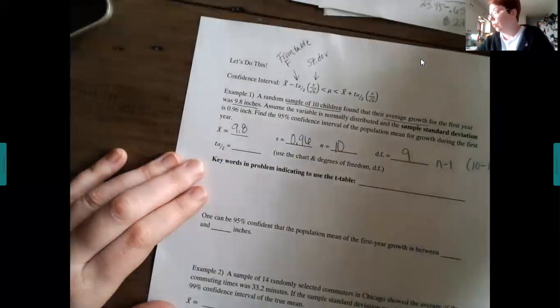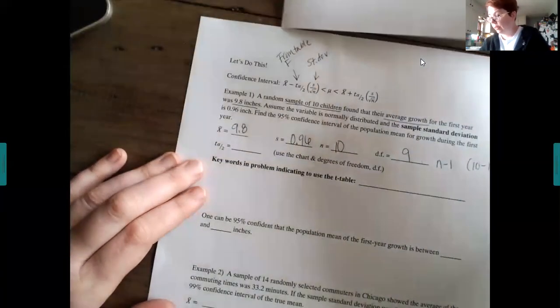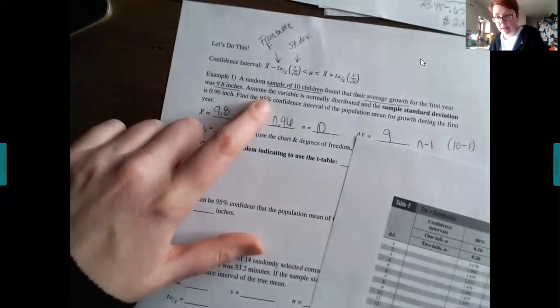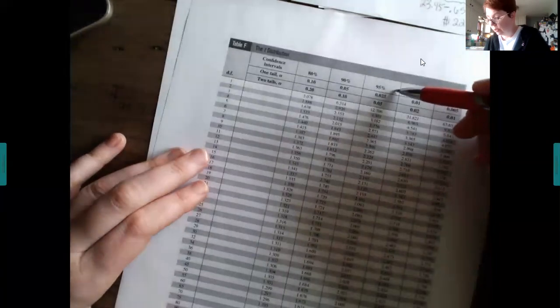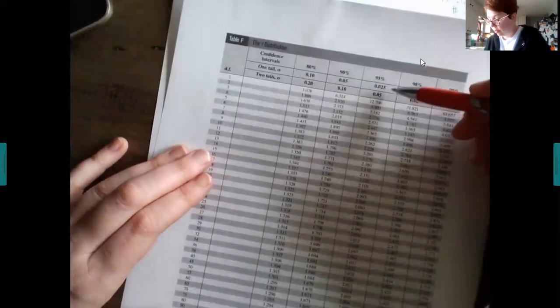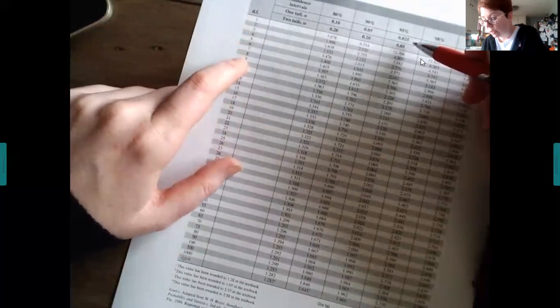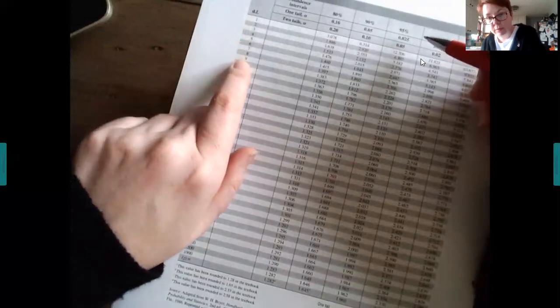Okay, so we're going to look at table F, and it tells us we want to be 95%. So here's 95%. And rather than going all the way down, now we have to use this degrees of freedom column to know where to stop. So our degrees of freedom was 9. So here we are at 9. And then we go over to 95%.